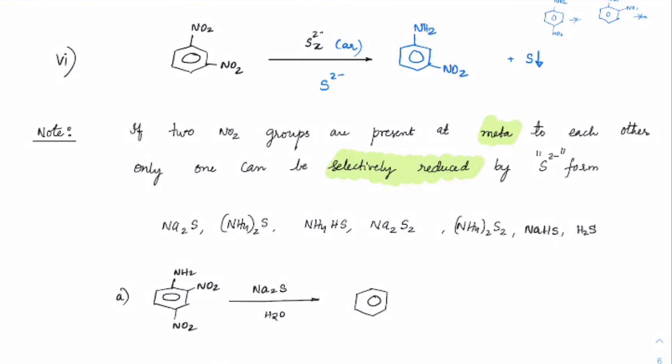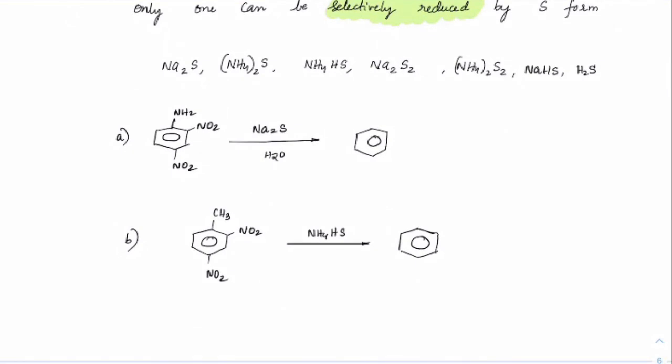Now, if there is a very strong donating group here like NH2, a small group like NH2, then it will reduce the NO2 at the ortho position, not at the para position. See, both NO2 must be meta to each other. That is an important condition.